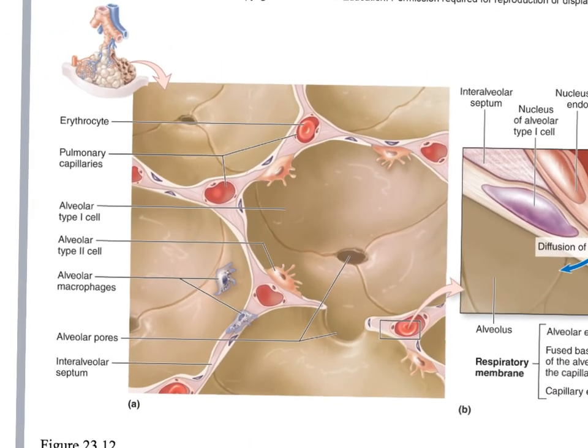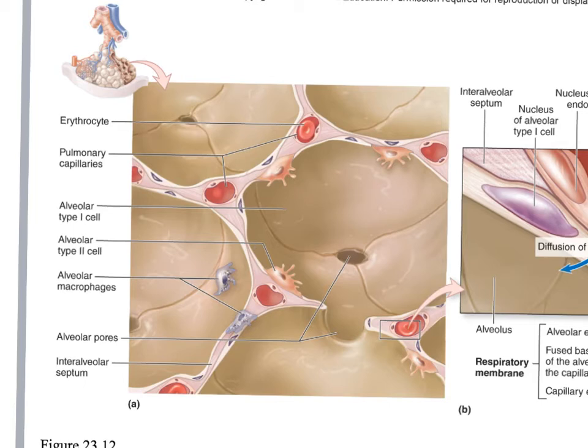So we talked about type 1 cells. This whole thing right here in green is a type 1 cell. It provides the whole structure, the lining of the alveolar duct or alveolar sac.